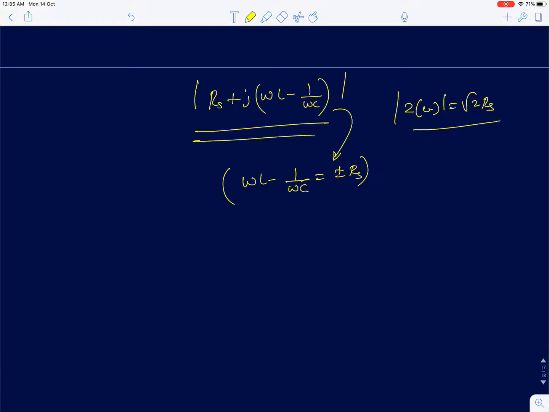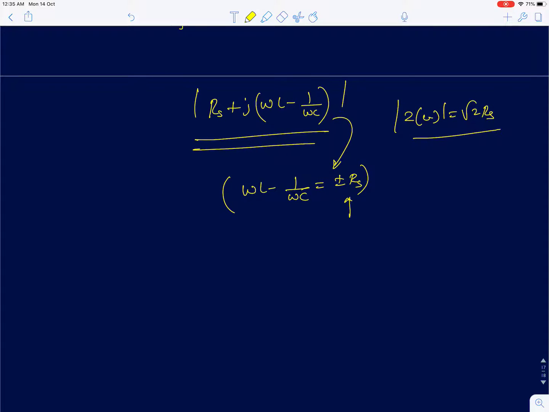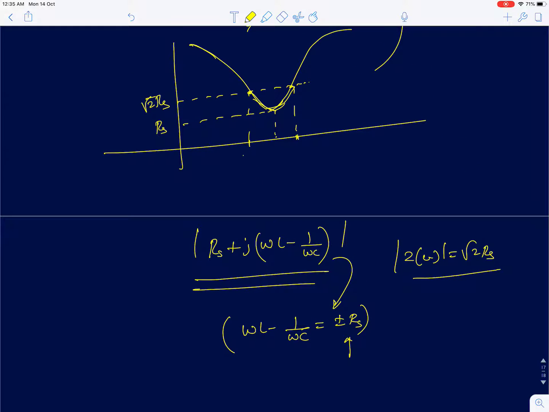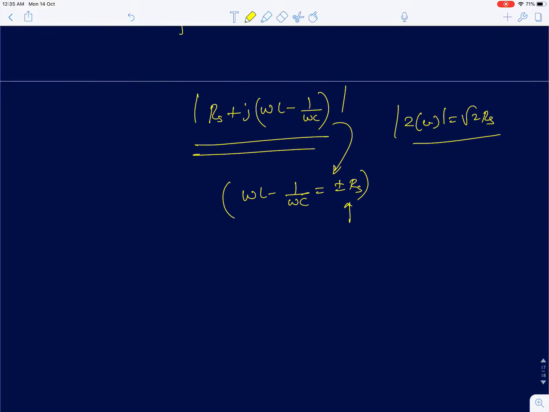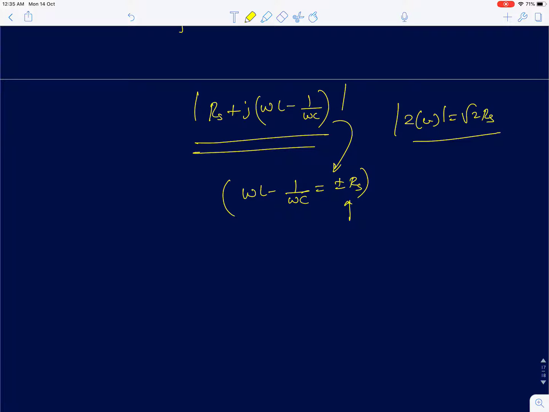So here if you see, for plus Rs we are going to get one quadratic equation, and when I substitute minus Rs, I am going to get another quadratic equation. So solving the two quadratic equations, I'll have 4 solutions, out of which I'll discard the negative solutions and retain only the positive solutions, because here we are interested in two frequencies around omega naught where the impedance becomes root 2 times its minimum value.